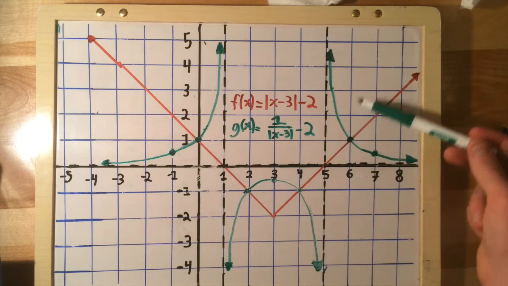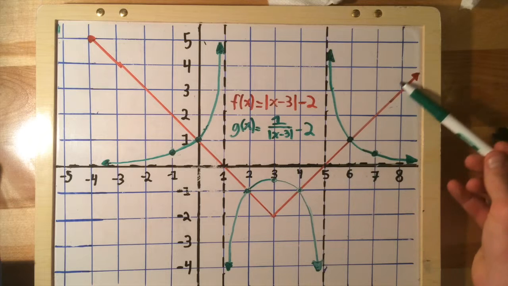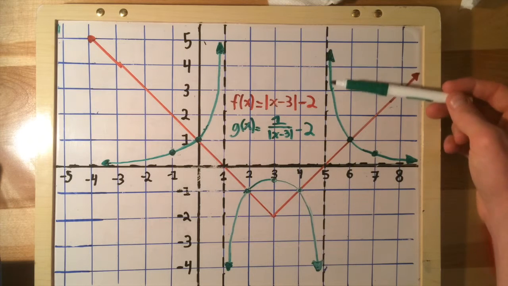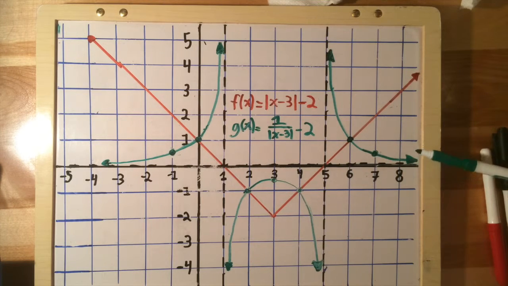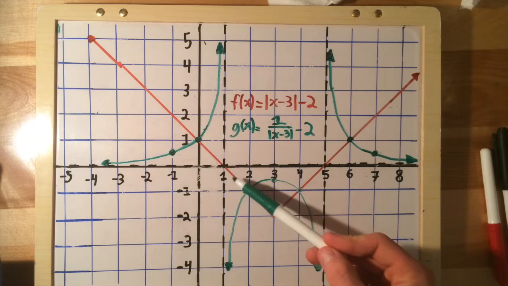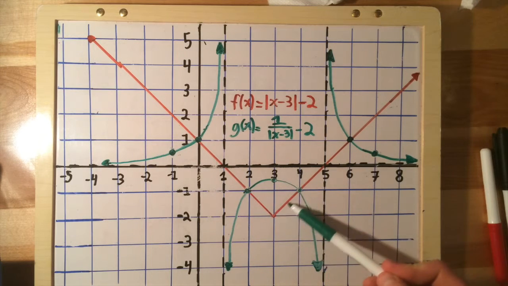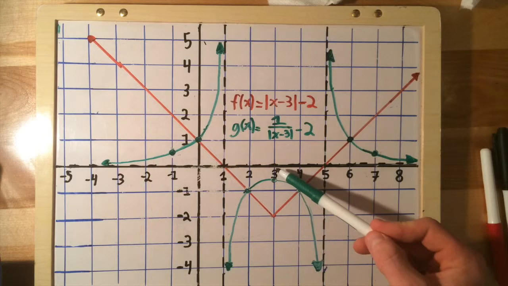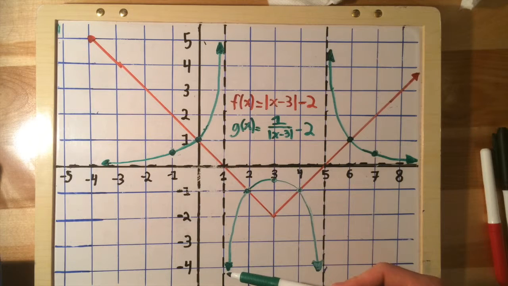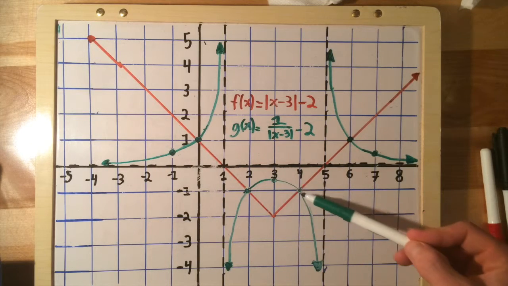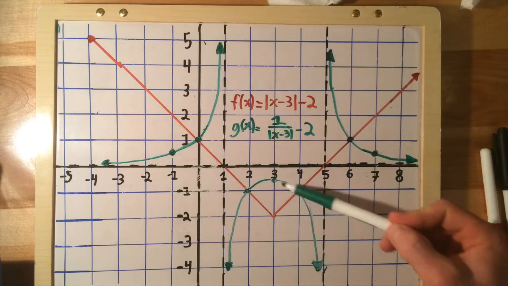The same is true for the right side. The original function is positive, and our reciprocal function is positive. Looking at the middle, we see that the original function was negative, or is always under y equals 0. Therefore, we must make sure that the reciprocal function is also under y equals 0, which it is.